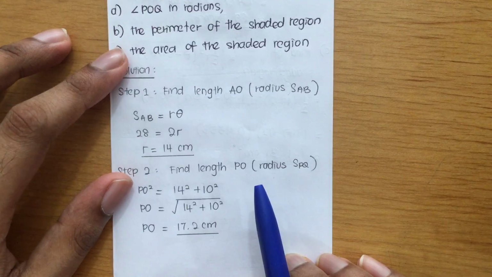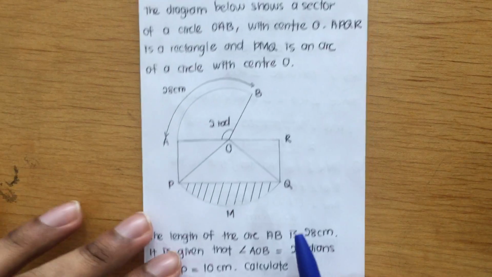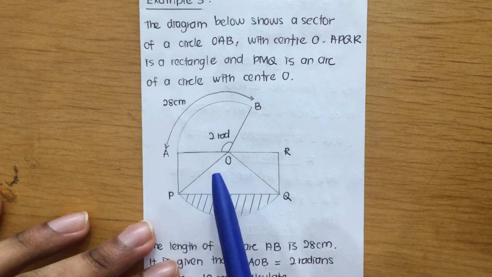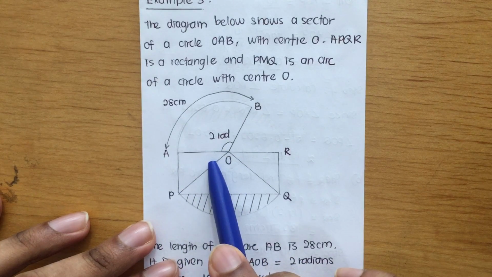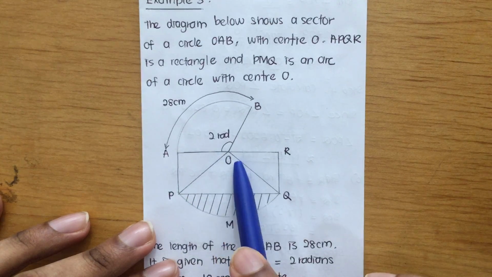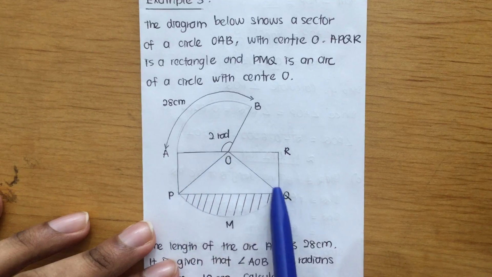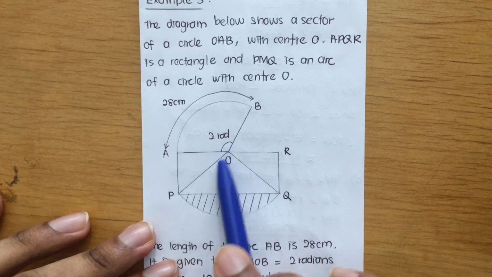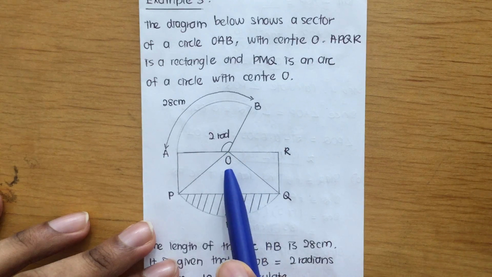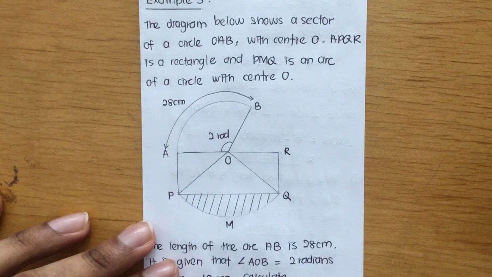So for the next step, we're going to find the angle of AOP guys. Okay, using trigonometry. And once you find the angle of AOP, then we can easily find our angle of sector POQ, since your angle AOP and angle ROQ are equal, since your O is the midpoint of the line AR guys.